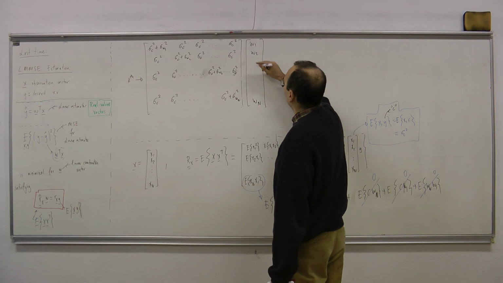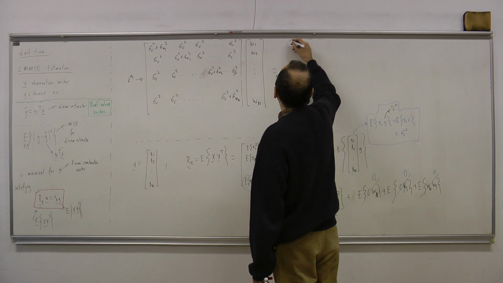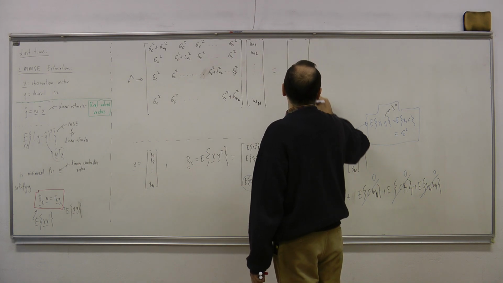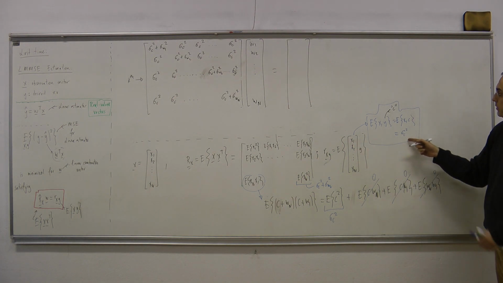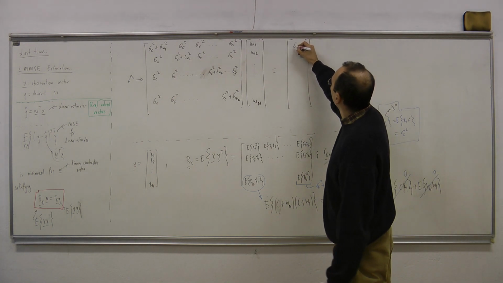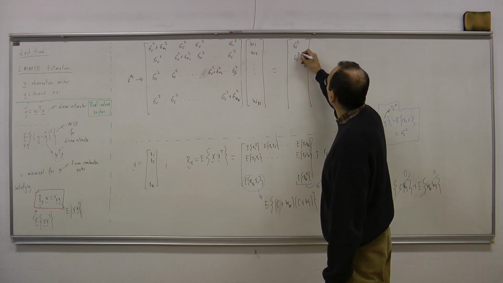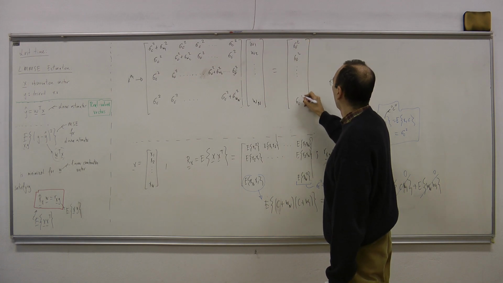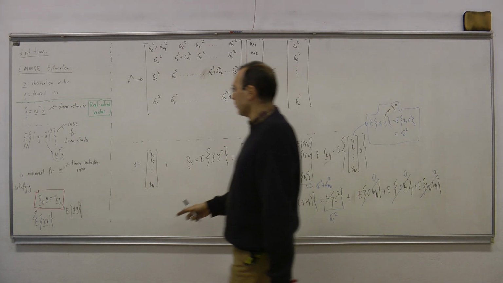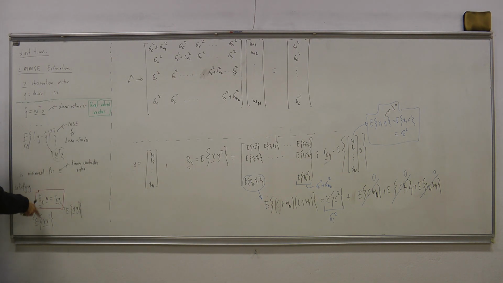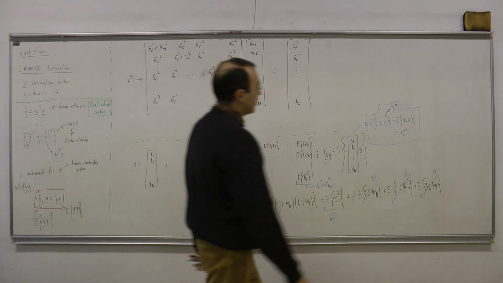The right hand side is always sigma c square. That is it. So if I can solve this equation system, I am done. I will be getting these weights. That will be the end of this problem.